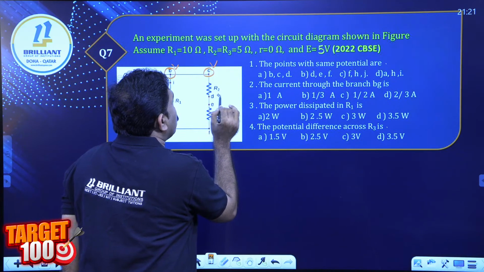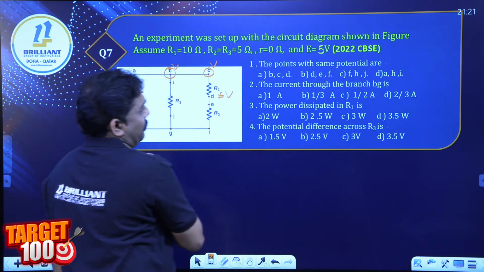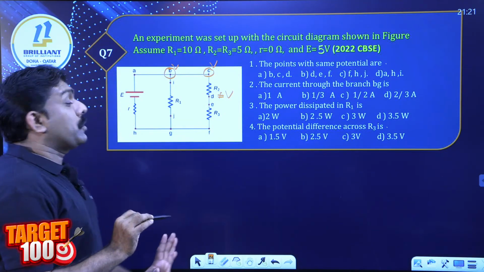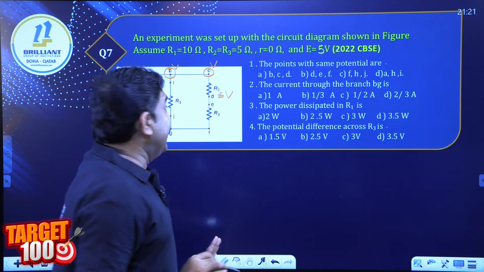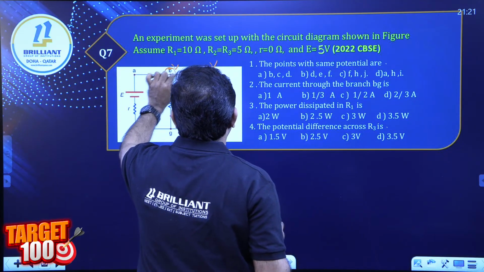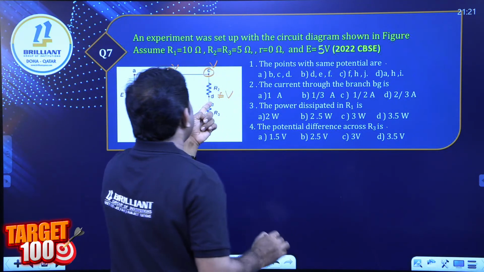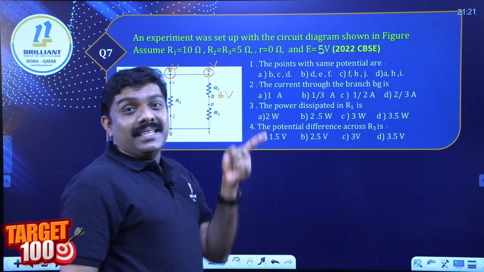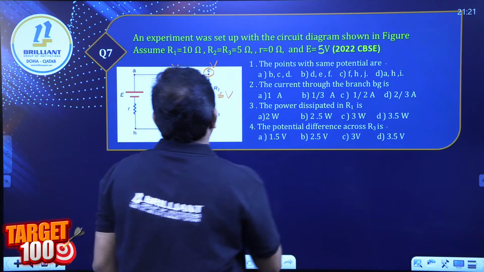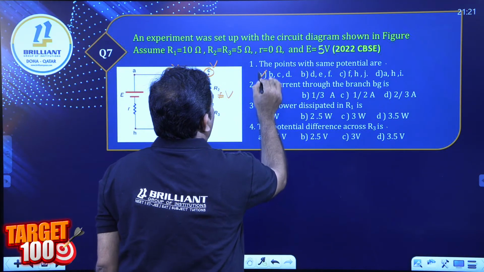So this potential is not equal to V. So the first option is wrong.